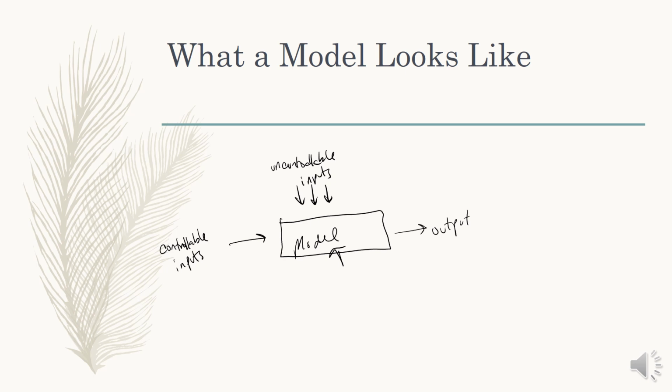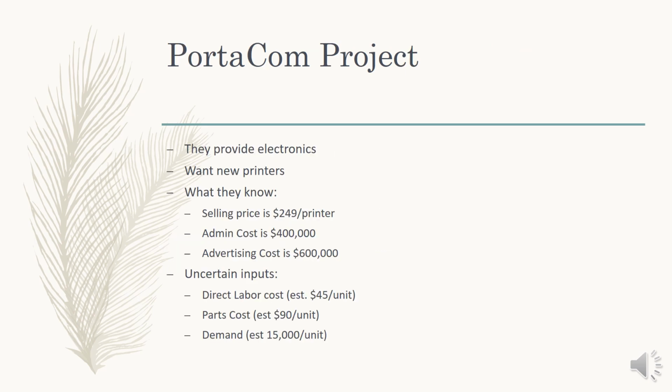But we're going to somehow develop a model out of this and then get an output. And our goal is we want to play around with all the inputs to see what can happen to the outputs. So the way that this PortaCom project is set up is it's a company and they provide electronics. They want to build new printers, but they need to know how many of these printers should we build. So the question they're asking us is how many of these printers should we do?